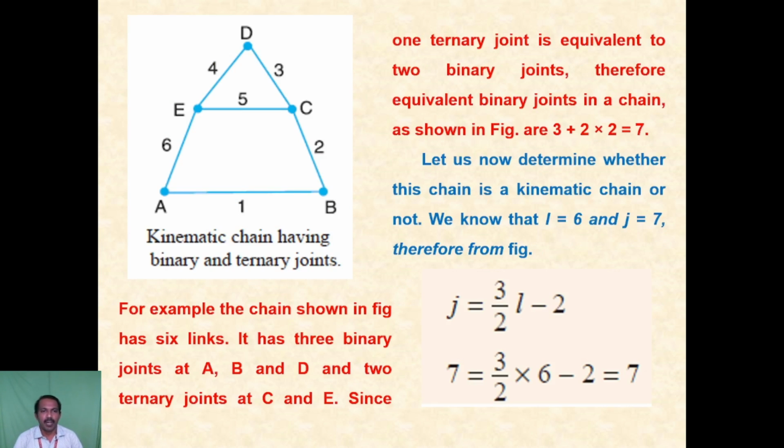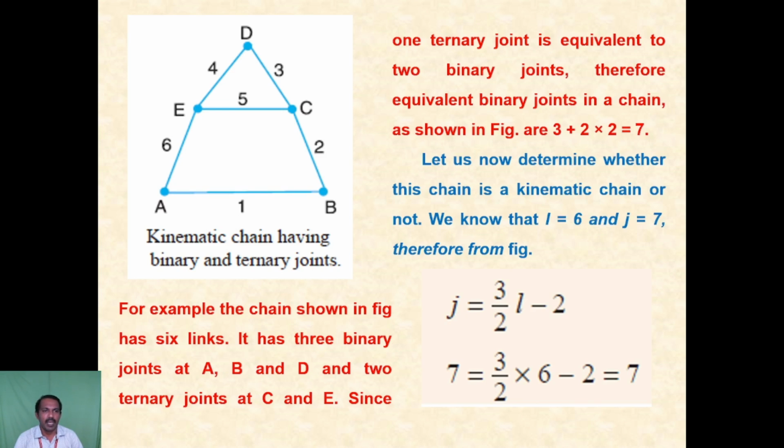Here is an example, a kinematic chain having binary and ternary joints. It's a combination of binary and ternary joints. Here the number of links is 6: 1, 2, 3, 4, 5, 6.